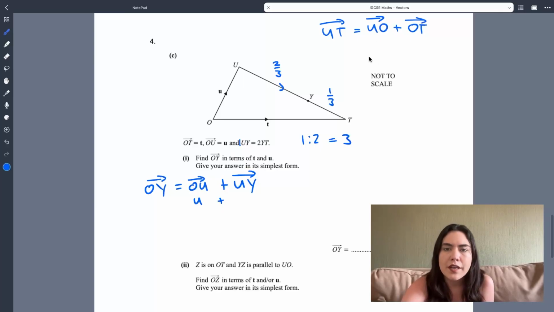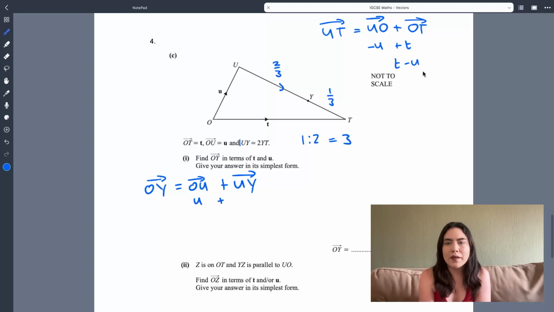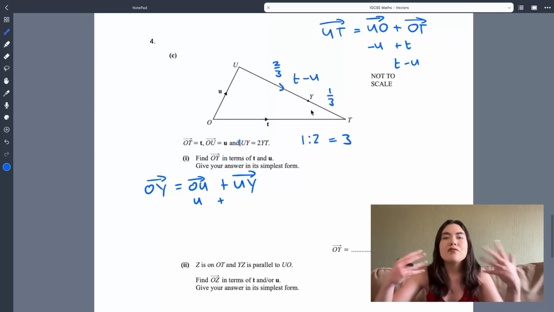Okay, so now what we're going to do is figure that out. U to O is going backwards, so it's negative U, and O to T is going forward, so it's positive T. So we have T minus U, or minus U plus T, it doesn't matter. That basically means we now know that UT is T minus U. So we now have a value for it.